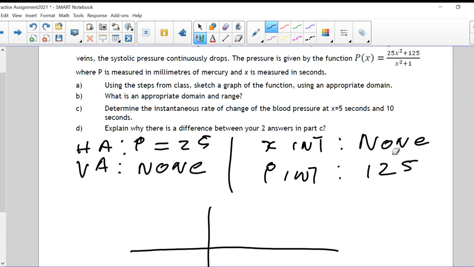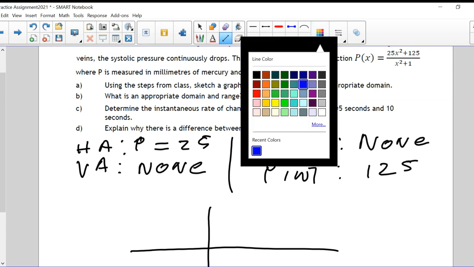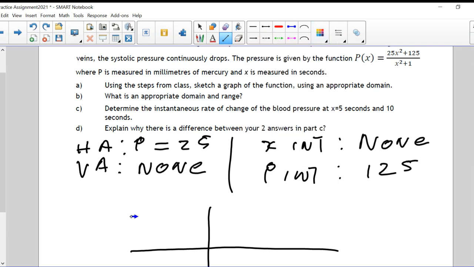I'll put that in. All right, so horizontal line. I usually go blue, no particular reason. We said there is no vertical asymptote. Okay, so I can't put any more asymptotes in. I said there is no x-intercept. Whoa, that's making it more challenging.